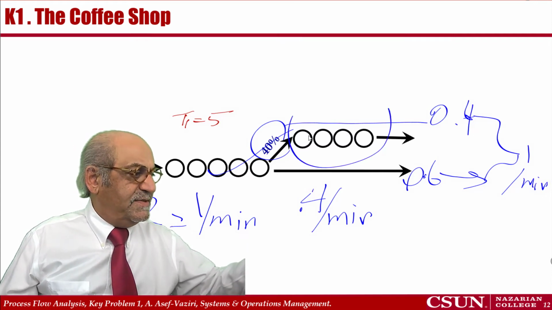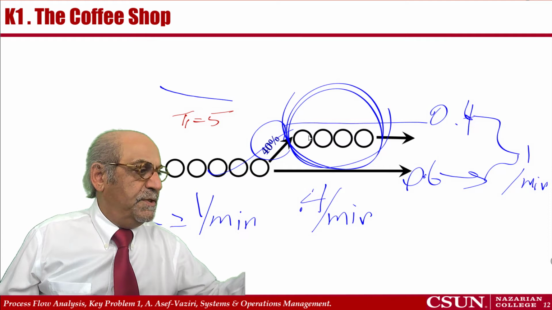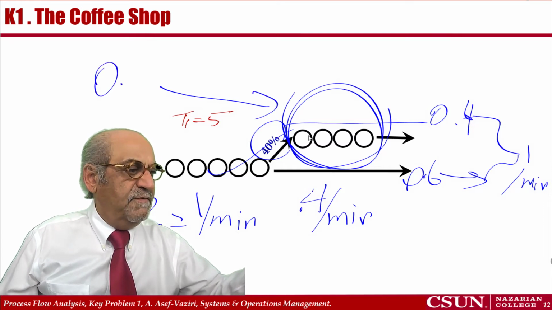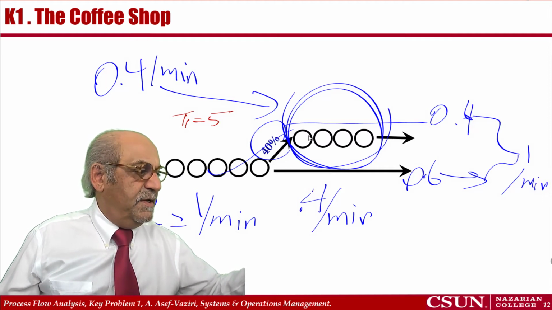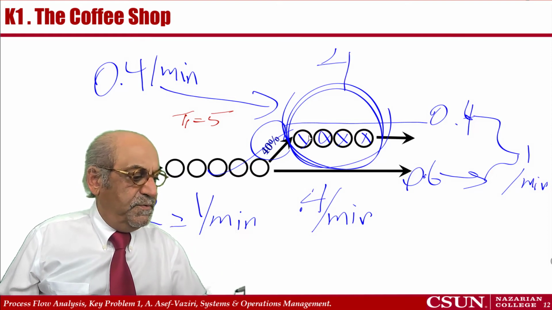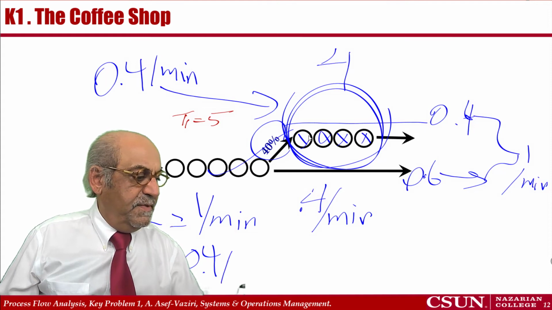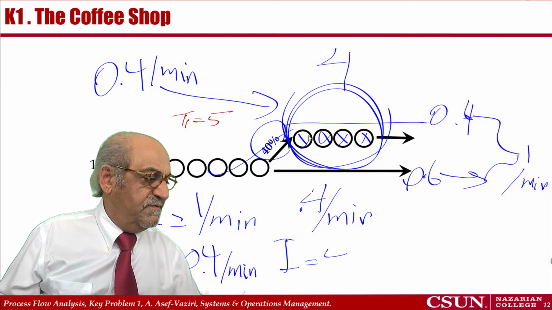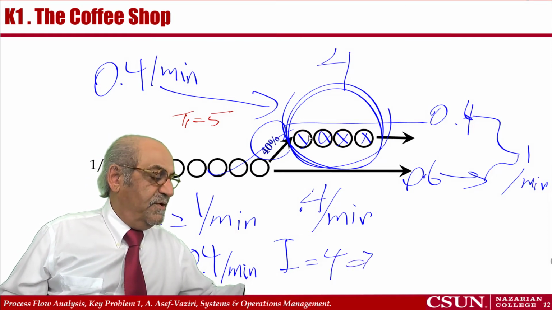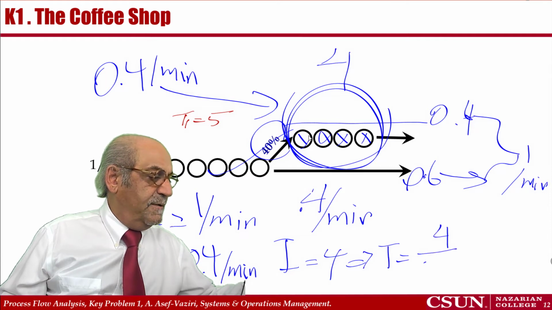Therefore, if we look at this system, throughput is 0.4 per minute, and inventory is 1, 2, 3, 4. Throughput 0.4 per minute, inventory is equal to 4. Therefore, flow time is equal to 4 divided by 0.4, and that is equal to 10.